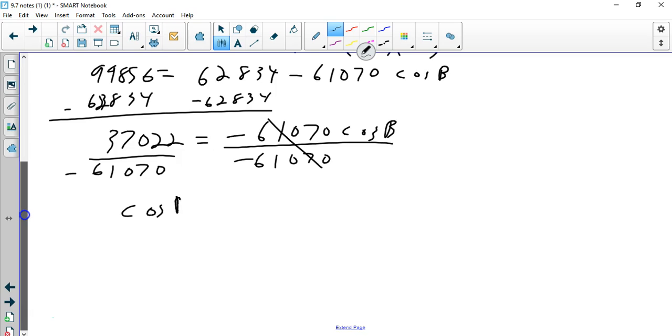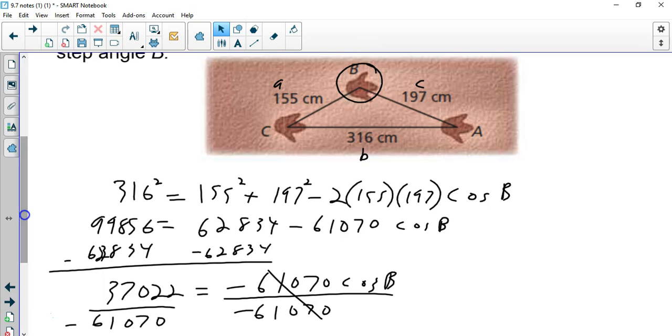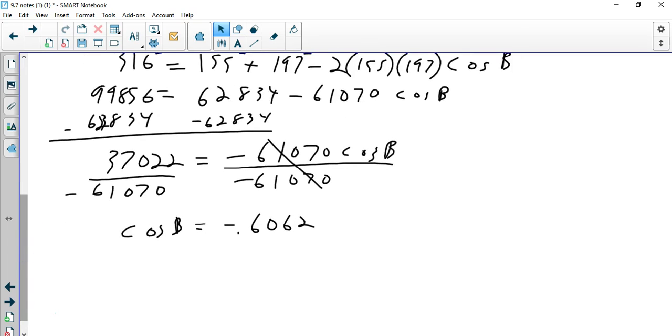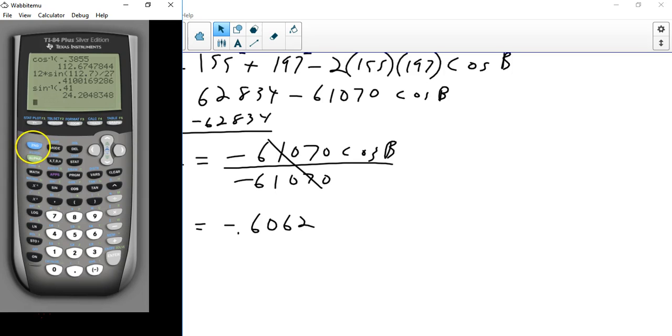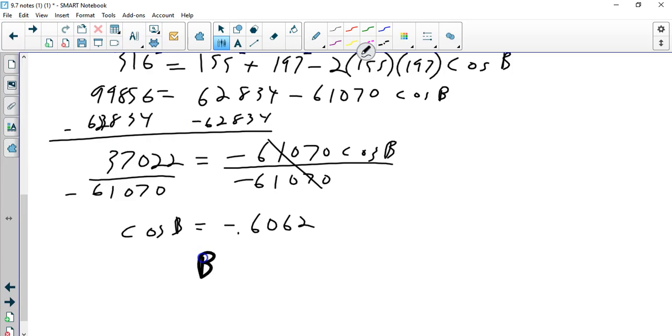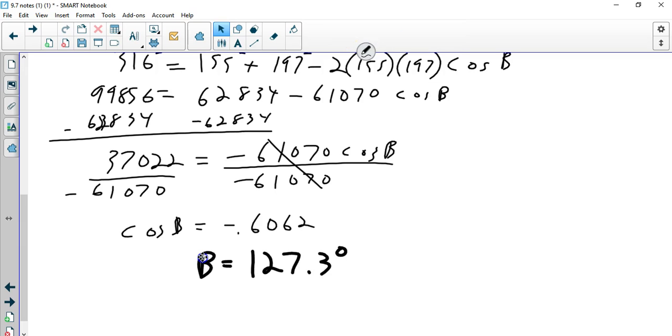So the cosine of B is going to be a negative decimal, obviously, negative 0.6062. We take our calculator and do inverse cosine of negative 0.6062. And that tells me that dinosaur has a step angle, walking angle, of 127.3 degrees. And that's it.